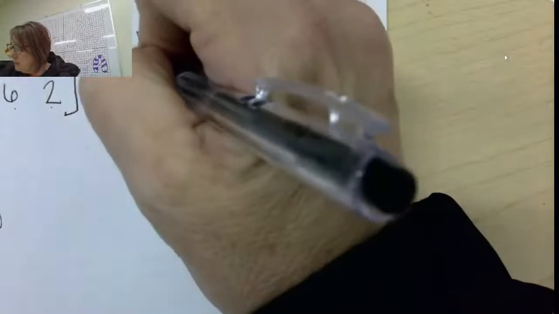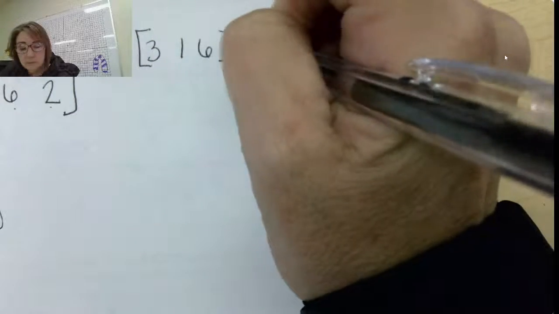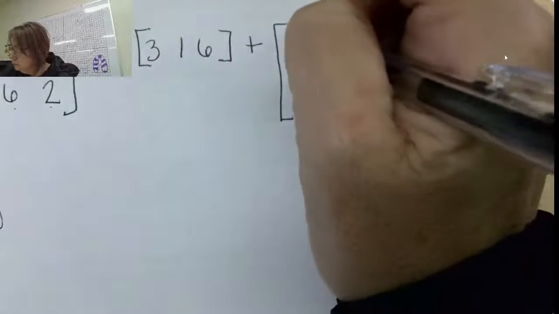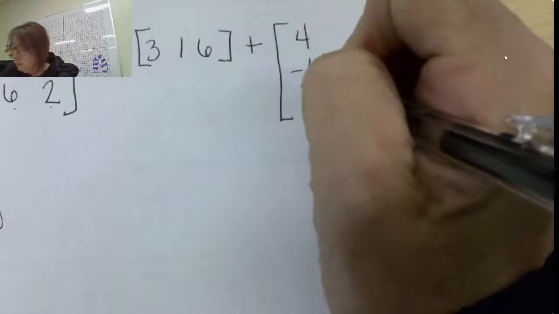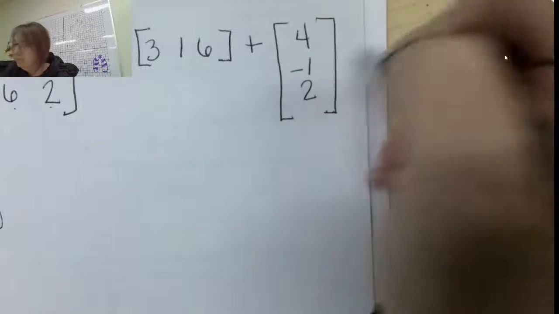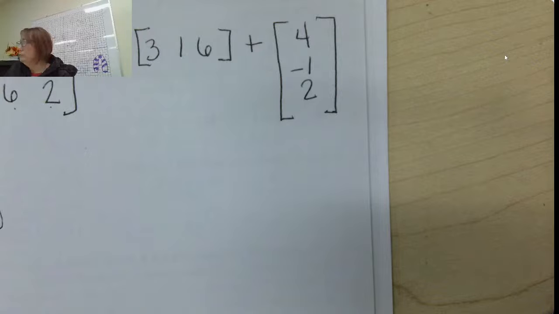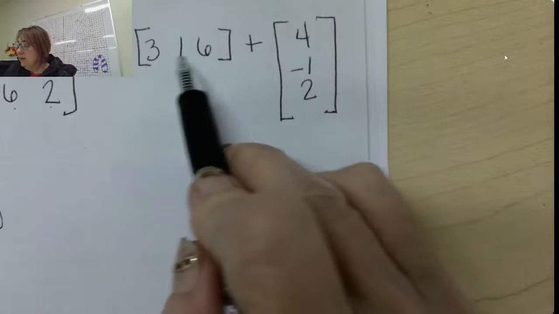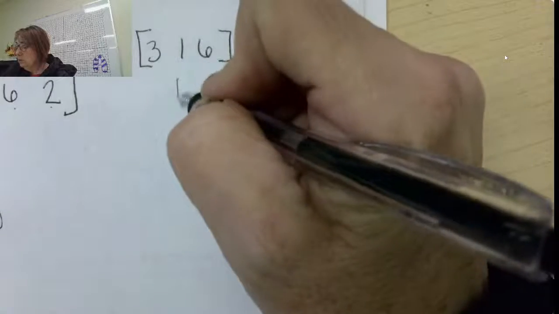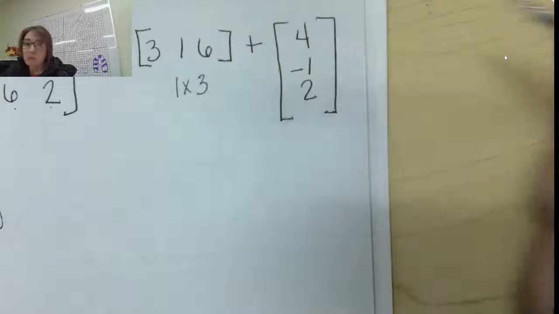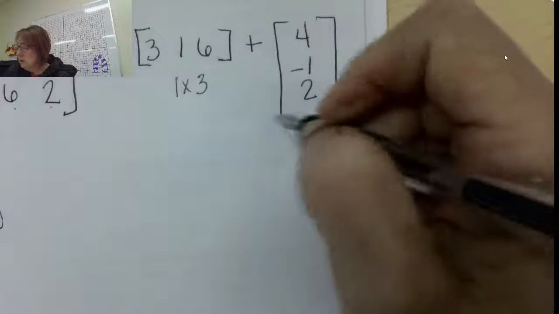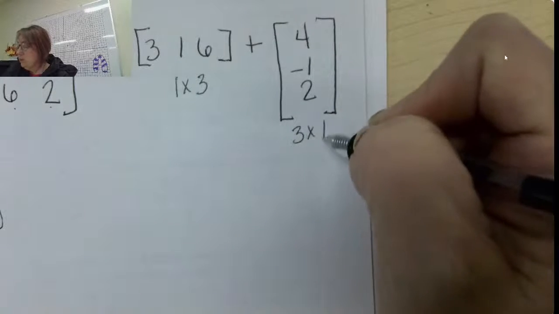What if I had these two here? Okay. This is 1 row by 3 columns. This is 3 rows by 1 column.